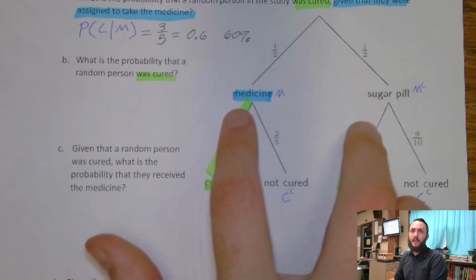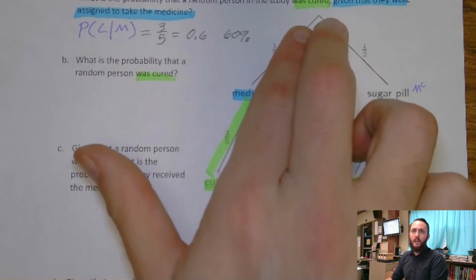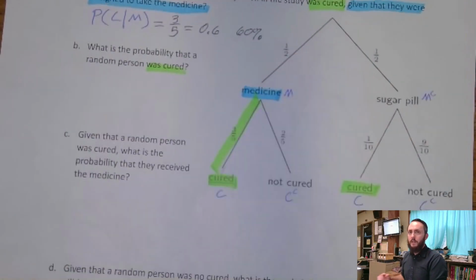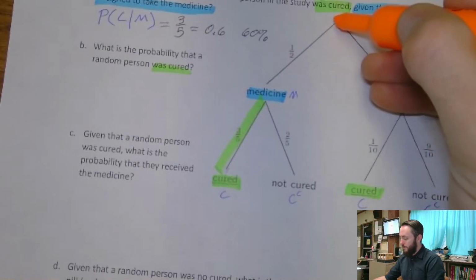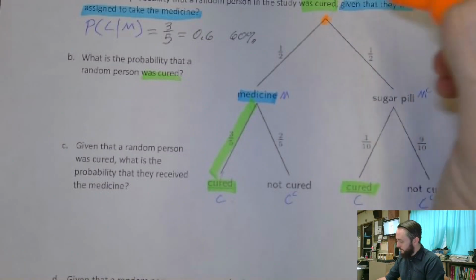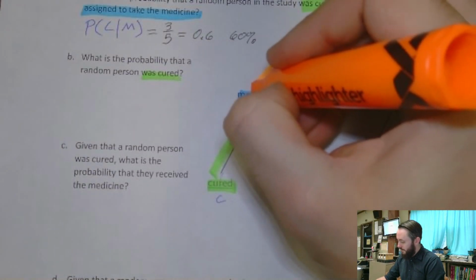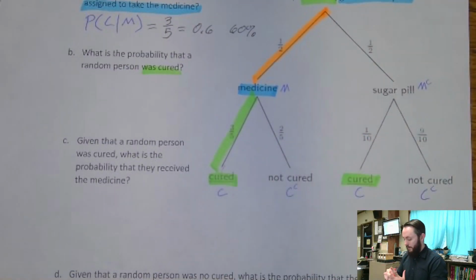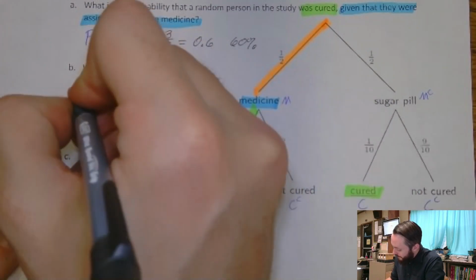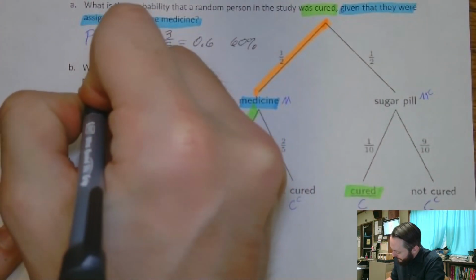In order to add them together, we have to see, well, where do they combine? And so they combine up at the very origin, right here. So we go this way, and that's 1/2. And I'll write the probability notation afterwards. 1/2.